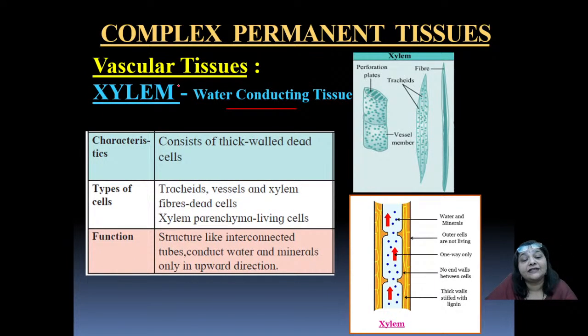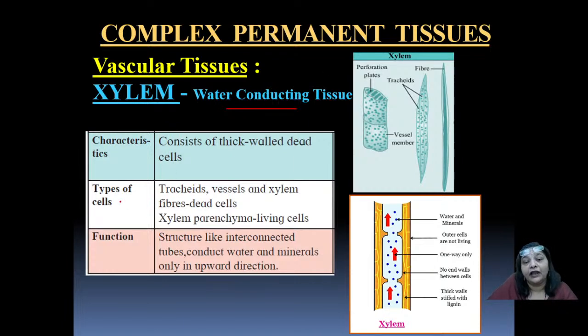Here you can see the xylem tissues, the water conducting tissues. These tissues generally consist of thick-walled cells, and most of the cells are dead cells. That is, they don't contain cytoplasm nor the nucleus. They only contain a dry lumen surrounded by the very thickened cell wall.